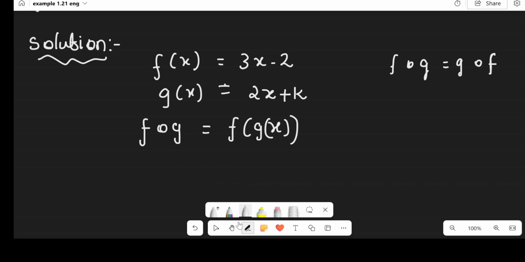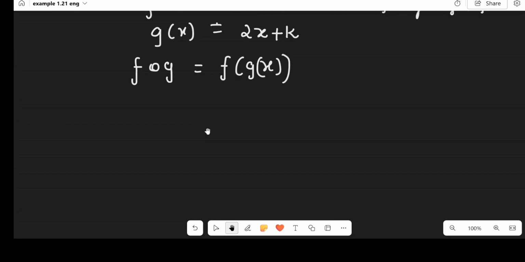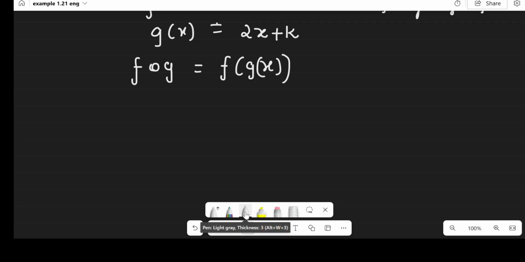Now, after this step, what we have to do is apply g of x. The value of g of x is 2x plus k, right? And what would be the next step for composition of function?